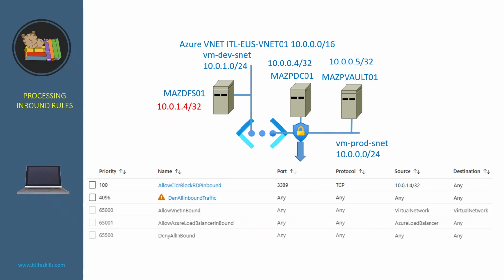So NSG will skip the first rule and proceed to the next rule, and the traffic matches it because we configured it to match any traffic. And the action is to deny, which means NSG will drop the RDP traffic from the vault to the DC server, so from the vault we cannot RDP to the DC server, even though they are in the same production subnet.